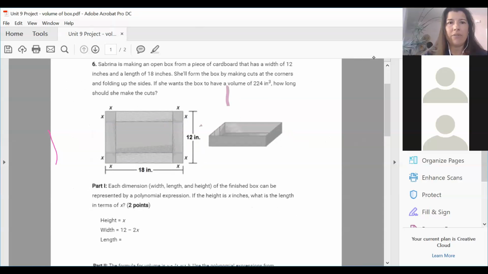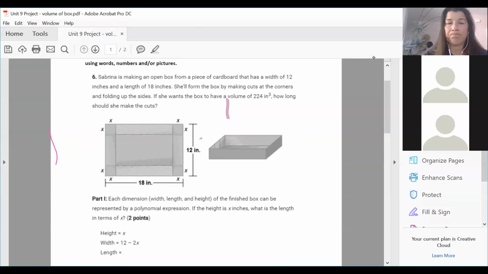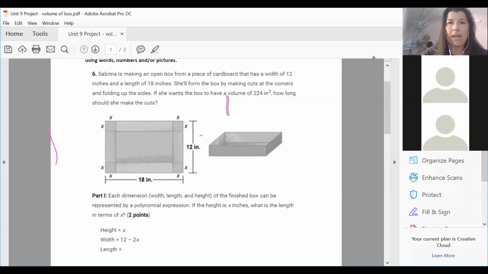Okay, so we have a piece of cardboard. Not the dimensions of the box, the dimensions of the cardboard are 12 inches and 18 inches.